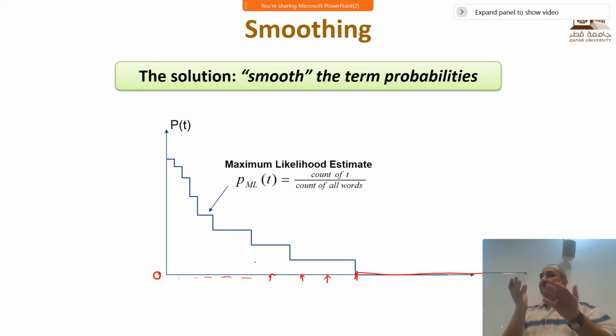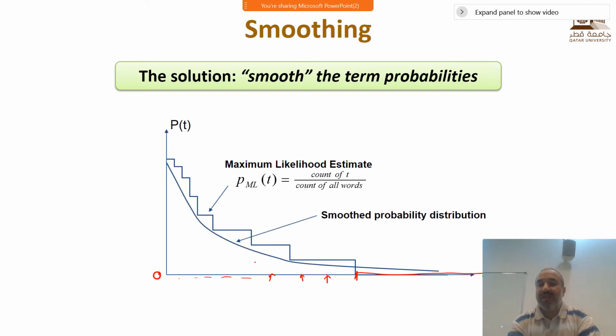Okay? If you didn't get it, look at this. Now, let's assume that this is the new probabilities for the terms. So we took some of the probabilities for these terms, and now these probabilities are not zeros. If you look at the curve now, the curve is not 0 here, right?